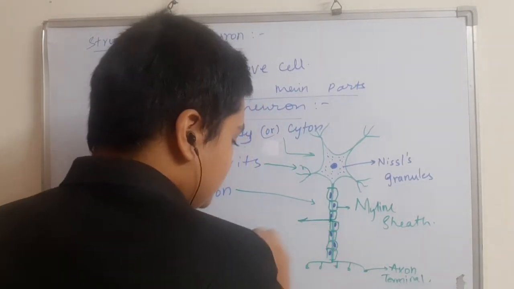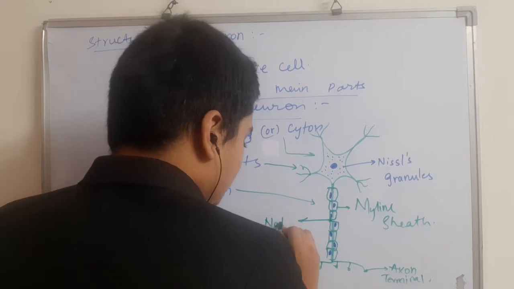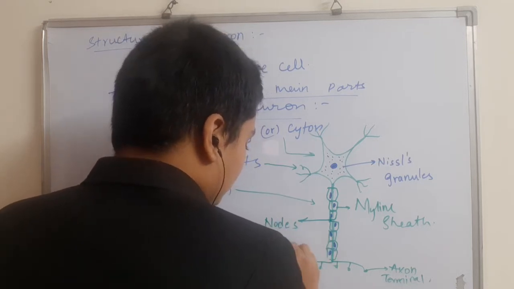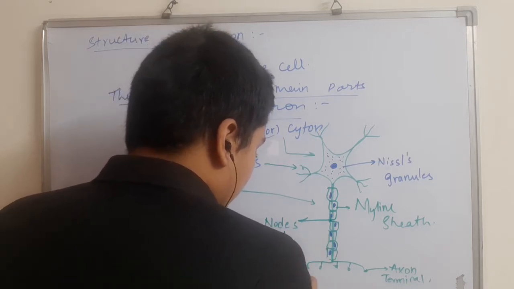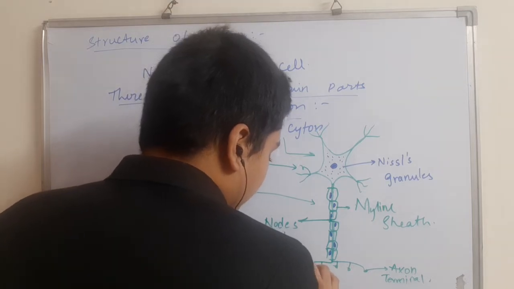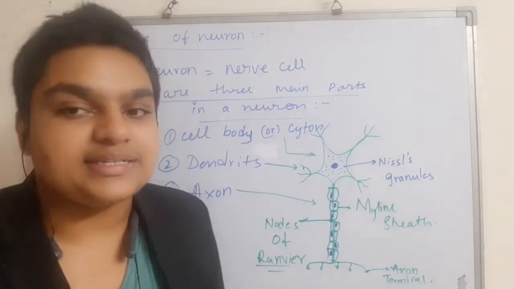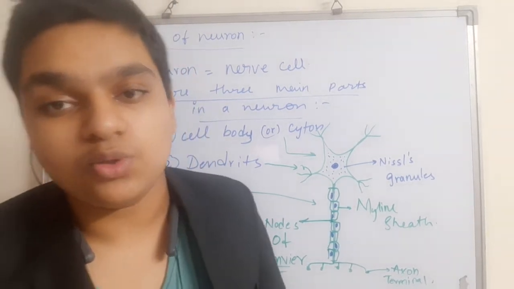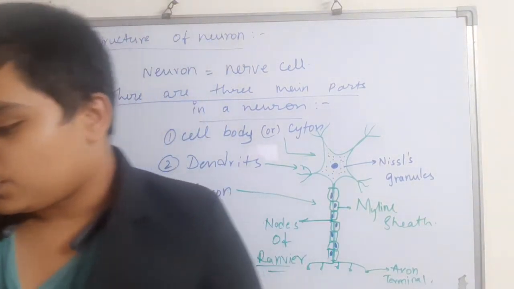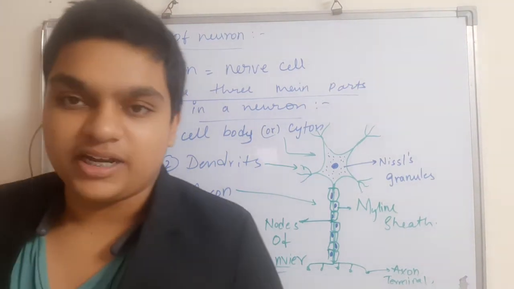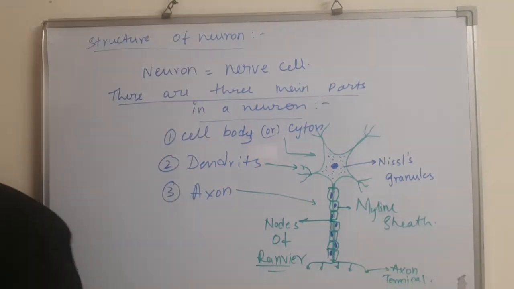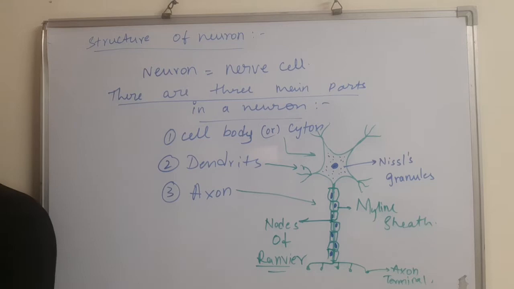This is called nodes of Ranvier. These are the gaps present between two adjacent myelin sheaths. Remember that also. Nodes of Ranvier. Okay.